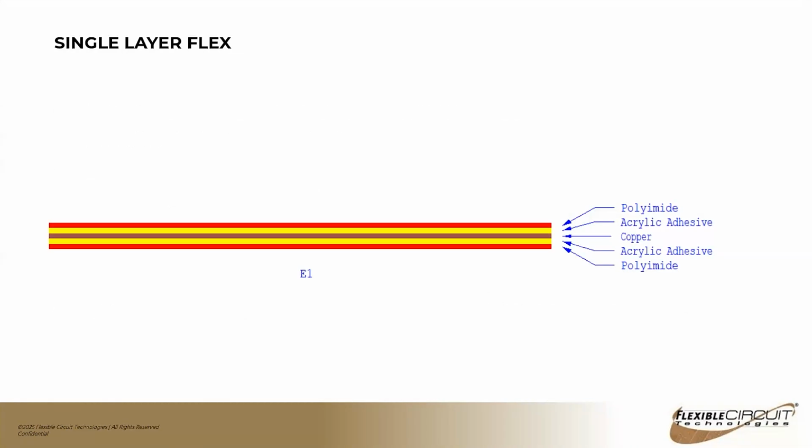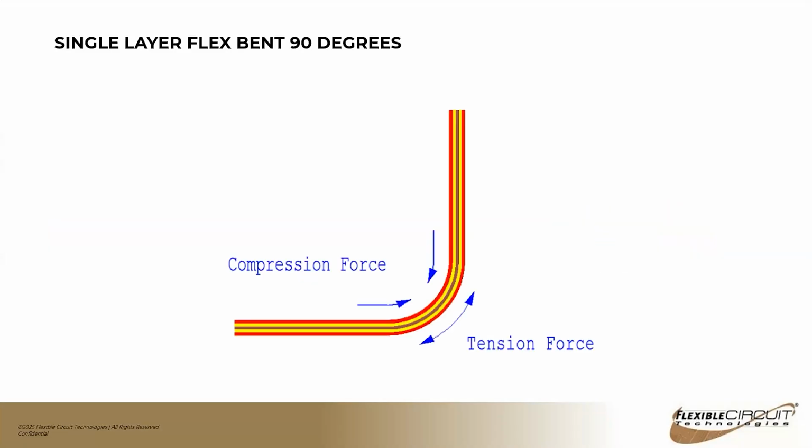In this first example, you have a single-sided flexible circuit. It's on an adhesive clad laminate with an adhesive polyimide cover layer. So it is a perfectly symmetrical construction, or an example of a symmetrical construction. If you were to take this circuit and bend it up 90 degrees, you can see the compression force that the circuit's going to see on the inside radius compared to the tension force that it'll see on the outside of the bend radius.